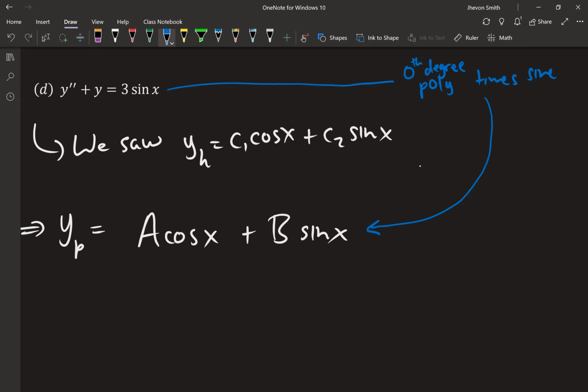So my guess is a 0 degree polynomial times cosine plus a 0 degree polynomial times sine, where these have to be generic and general. I do not know what the a and the b are going to be. So I can't guess that they're 3 right off the bat or 5 or anything else. I also cannot guess that they're going to be the same number. They are undetermined coefficients. I don't know that both of these have to be a's. So here, an a represents some constant that works on the cosine part, and b is some other constant that works on the sine part. Initially, I don't know what these are.